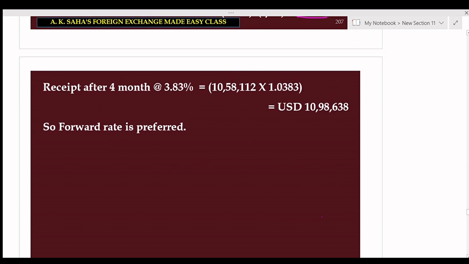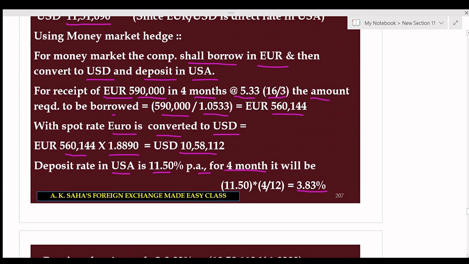Receipt after 4 months at the rate of 3.83% is 10,58,112 multiplied by 1.0383, which is equal to US dollar 10,98,638. So the forward rate is preferred because the forward amount is higher than the money market hedge amount.